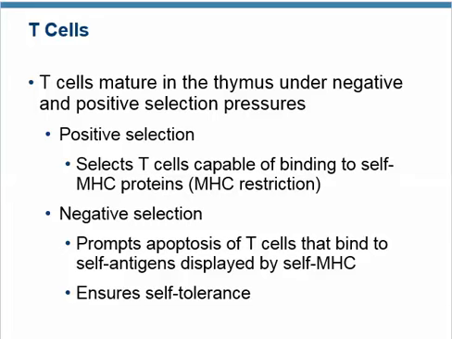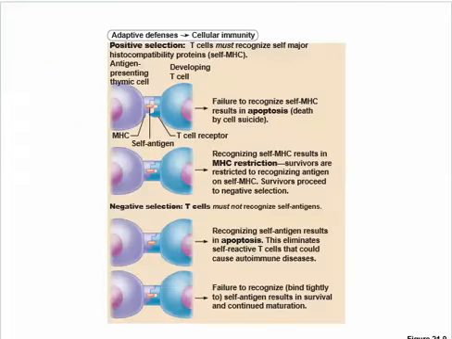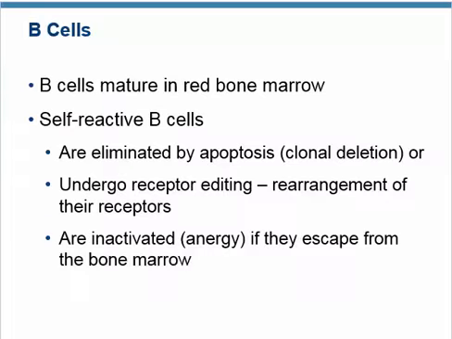The thymus eliminates the T cells that are overactive to self-MHCs and kills them, right? So it looks for the ones that can possibly do us damage, and we won't bother with it beyond that.